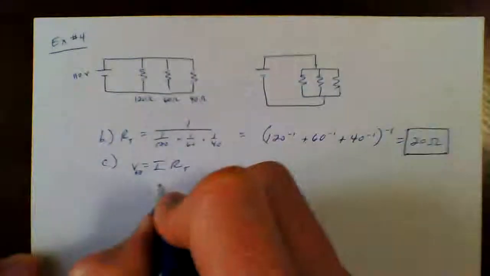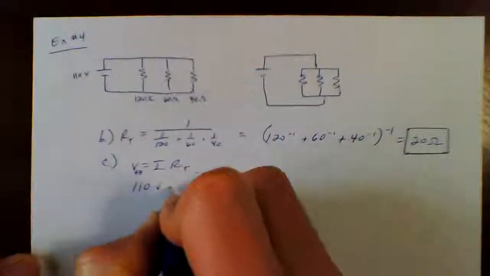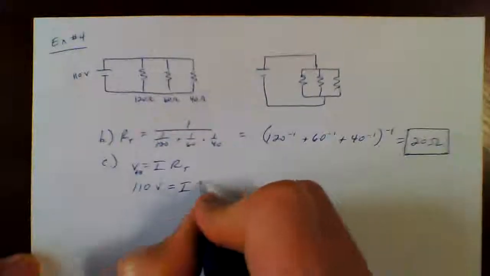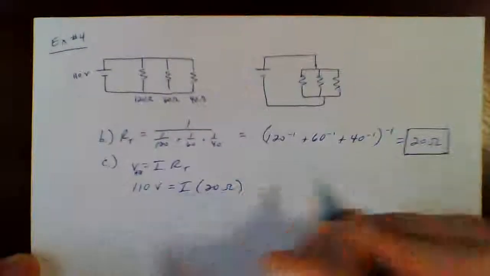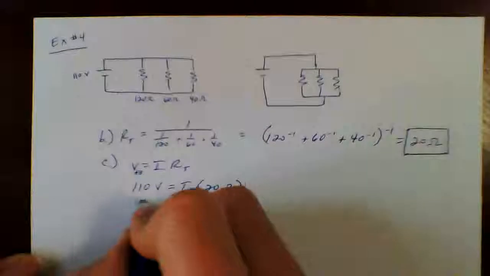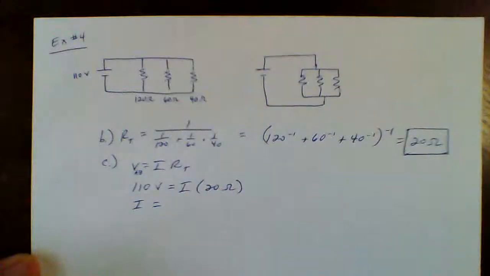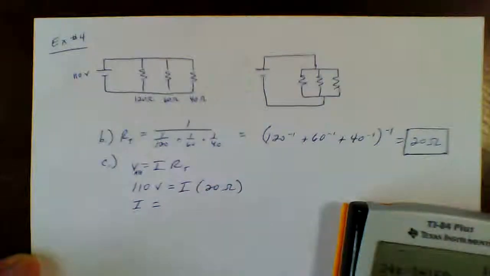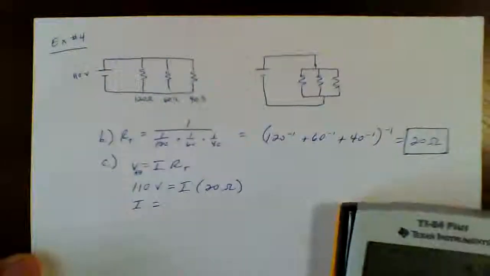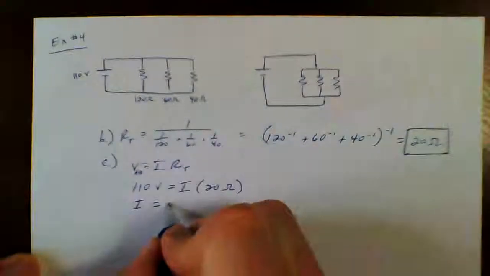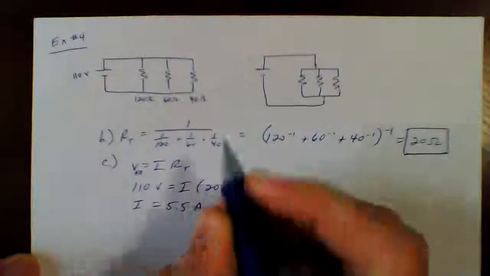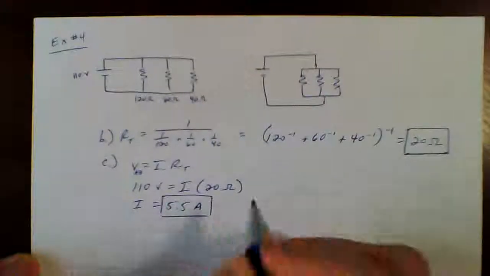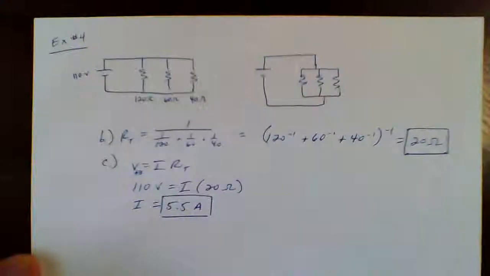So V from A to B is 110 volts. 110 volts is equal to I times 20 ohms, which means that my current is equal to 110 over 20, which is going to give me what, 5.5? Yep, 5.5. So that's 5.5 amps coming out of the battery.